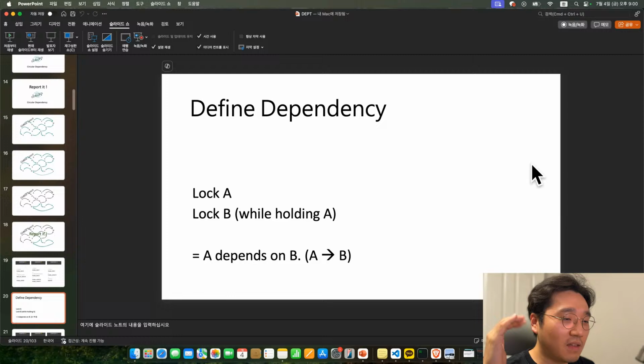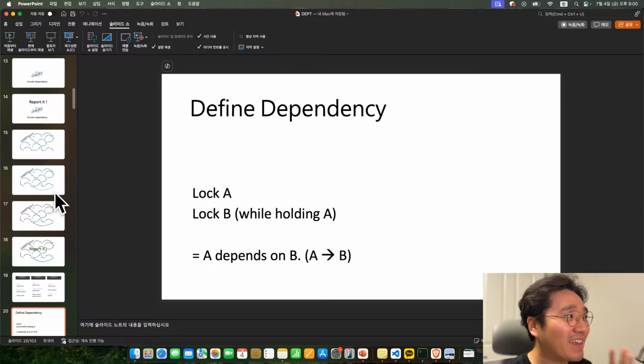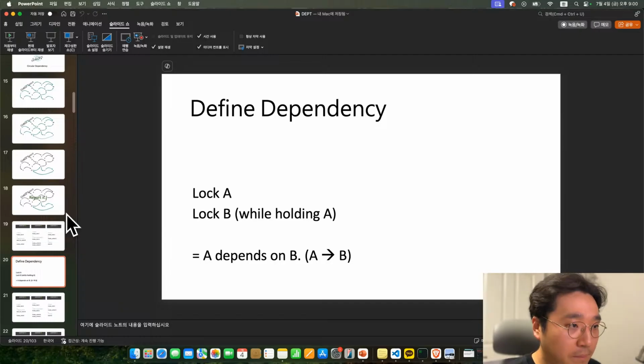This part is Lockdep. I will review the deadlock point in a later slide, but keep remembering Lockdep's concept.